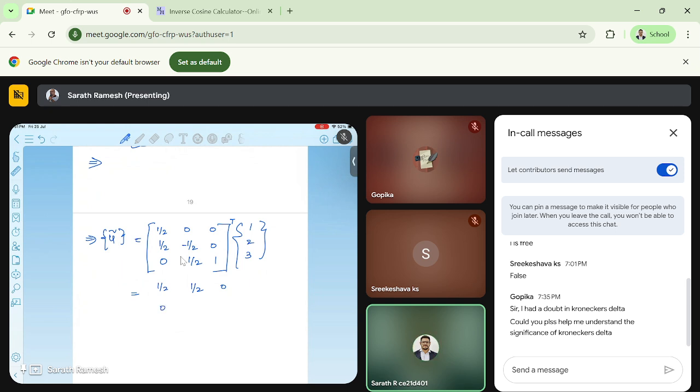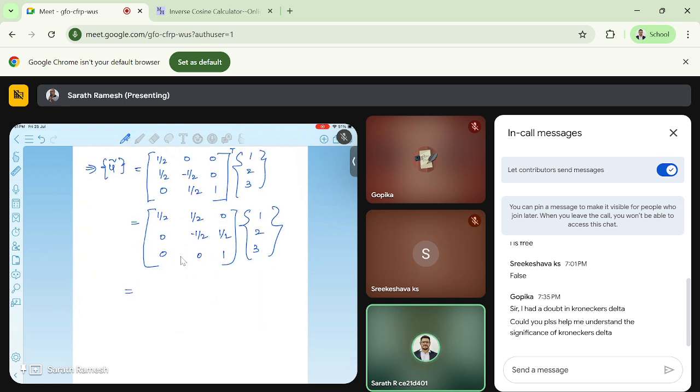Second row. Okay, so 1 by 2 plus 1, which is 1.5, 3 by 2, 0 minus 1 plus 3 by 2, 1.5 minus 1 is 0.5, and this is 0 plus 3.